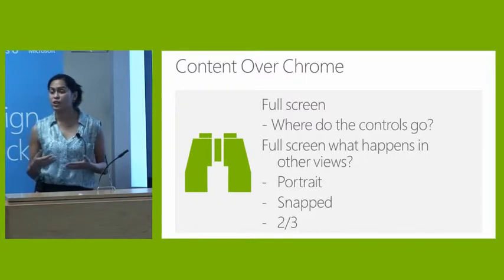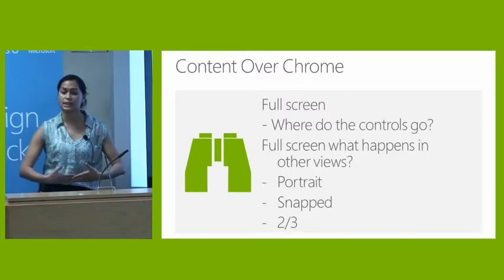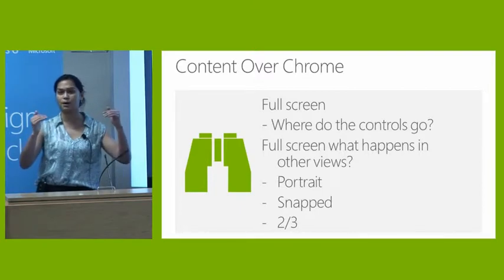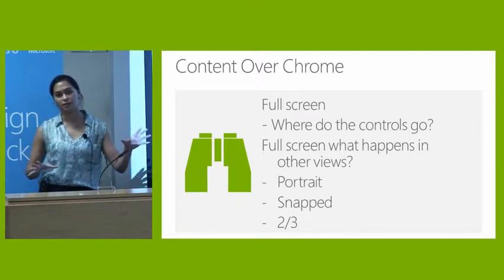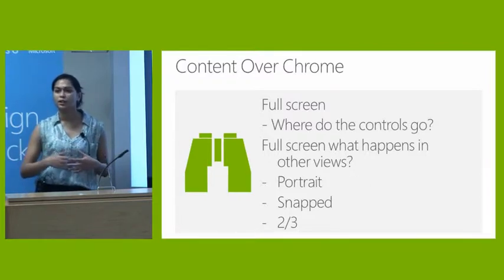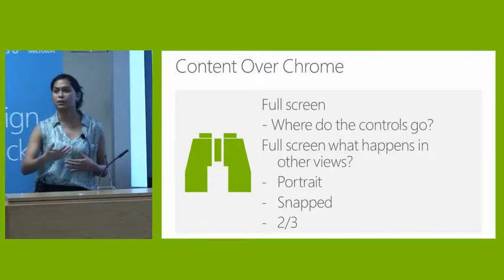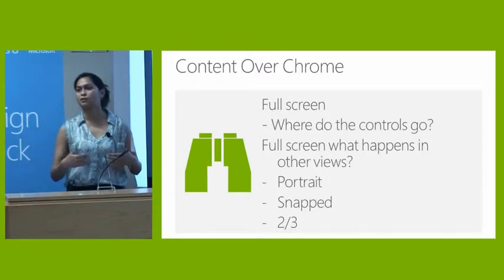The other thing we changed on this view was that when you first go to full screen, you do actually see the bottom app bar and the top app bar pull up, but they fade away within about 5 seconds. A single tap from the user brings it back. Another tap takes it away. So they're very easily able to go back and forth between any controls that they need, and yet we do not take away from the video itself playing.